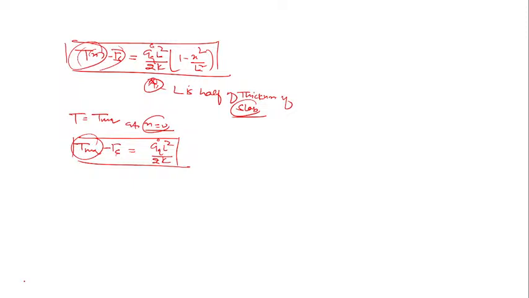Now my question is: in which condition can you use this formula? Through derivation you know the restrictions. What are the restrictions? Please tell me. First of all, qg L square by 2k into 1 minus x upon L whole square, where L is half of the thickness. Second, you can't use this equation when k is going to vary. You can't use the equation when the area is going to vary. It's valid for uniform area, constant thermal conductivity, and uniform heat generation.